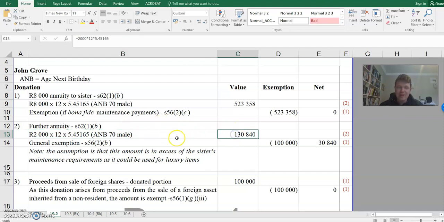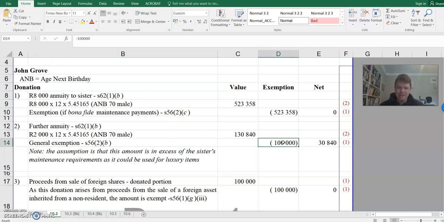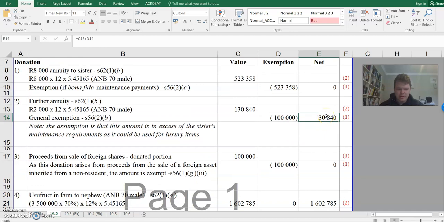So this value would have been given. But you do need to realize that, hey, if I can't use the maintenance exemption, I still have my general exemption of 100,000 Rand. So that has to be exempted from the 130,000. What's left behind? This 30,000 Rand. Okay.